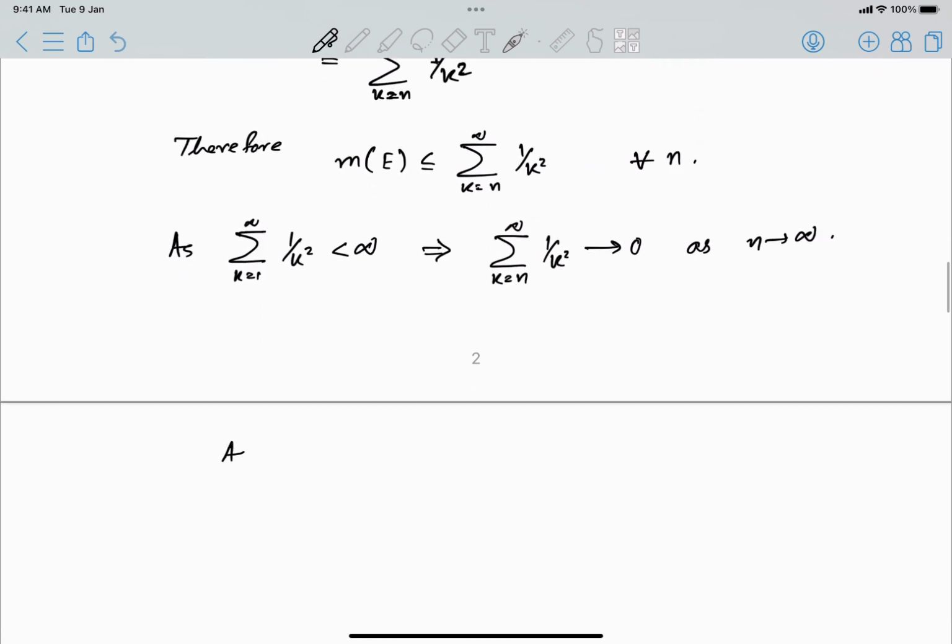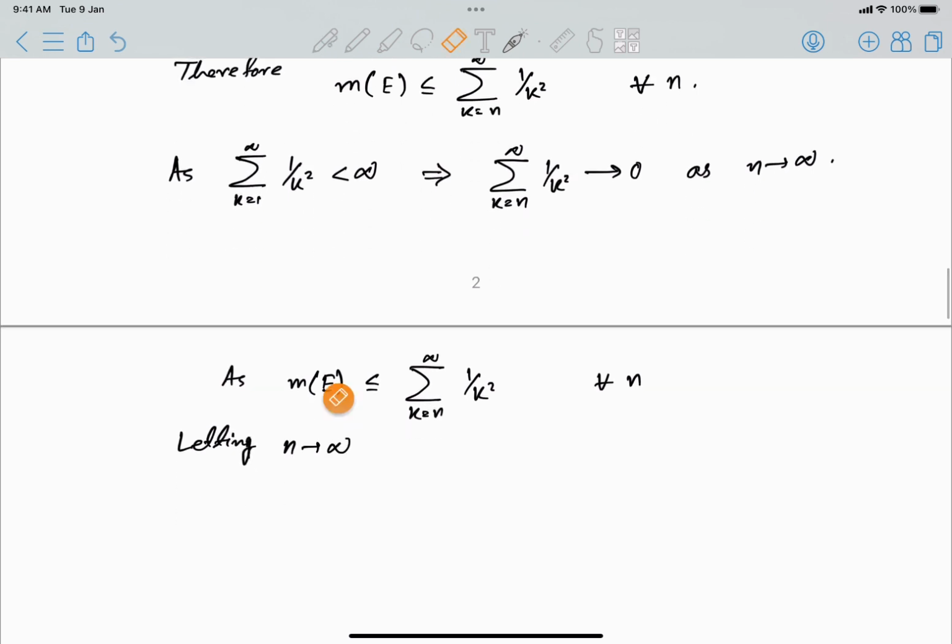So as measure of E is less than summation k equals n to infinity 1 by k square for all n, letting n tend to infinity, what will happen?